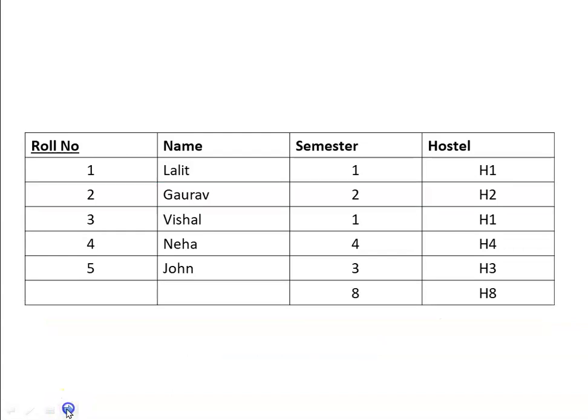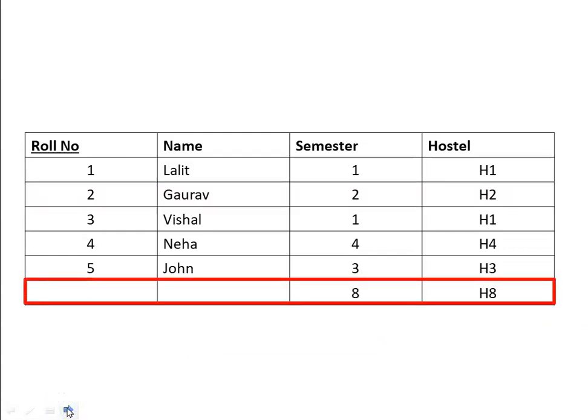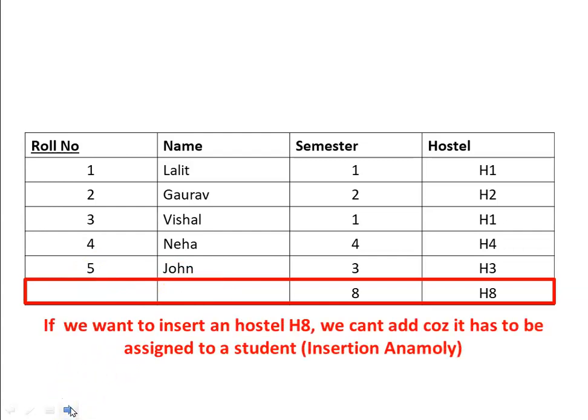Similarly, if we want to add information about a new hostel in this table, then if a student is not associated to this new hostel, then the roll number and the name of the student will be left blank. So again, this table suffers from insertion anomaly.